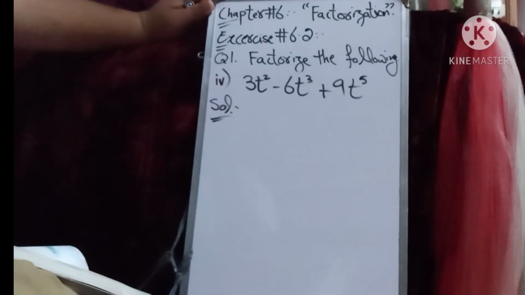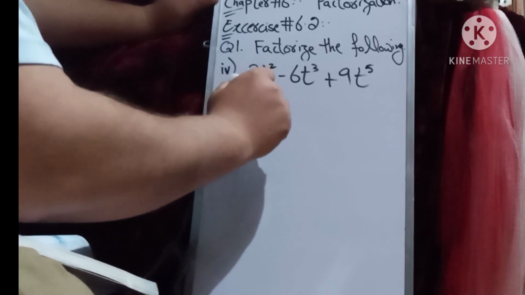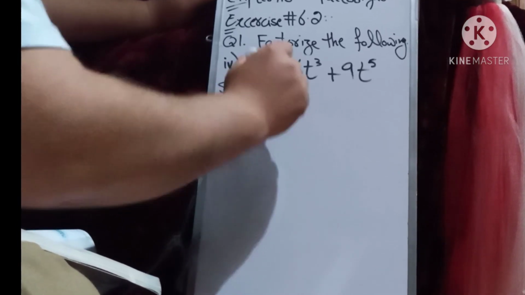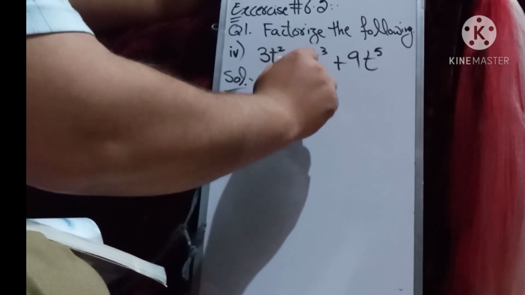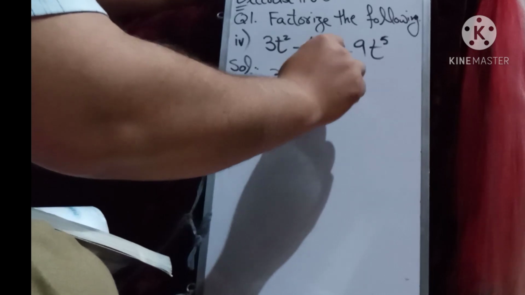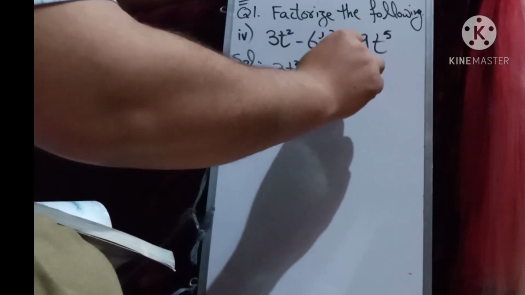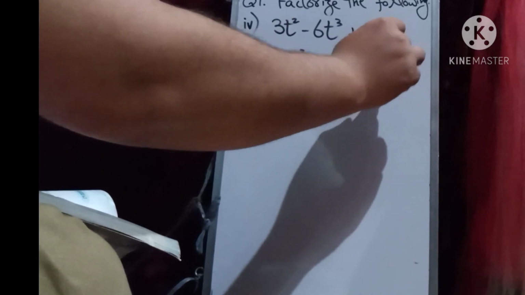Our fourth part is 3t square minus 6t cube plus 9t power 5. Again we take the least common factor which comes in the 6 table and in the 9 table. So that is 3.